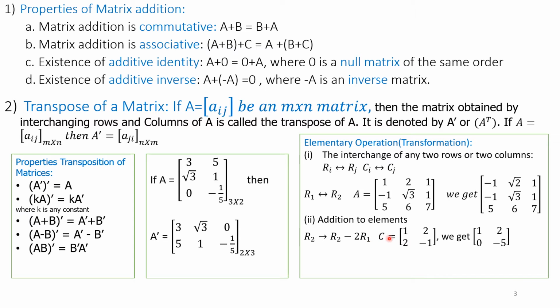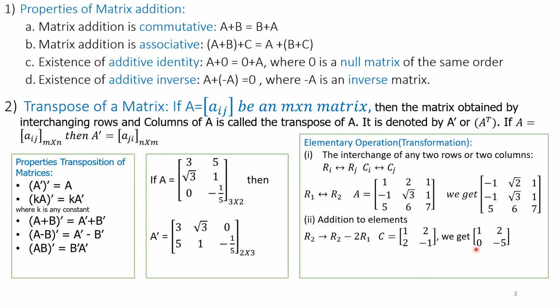C is 1, 2; 2, minus 1, it is given. Now row 1 will be written as it is, 1 and 2. Now in row 2 we are doing the operation R2 minus 2R1. So here R2 is 2, and minus 2R1 is minus 2 times 1, which is minus 2. So 2 minus 2 is 0.